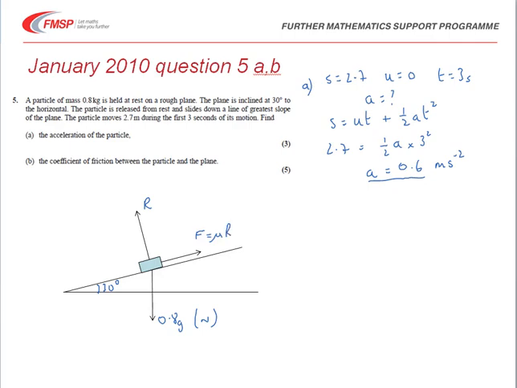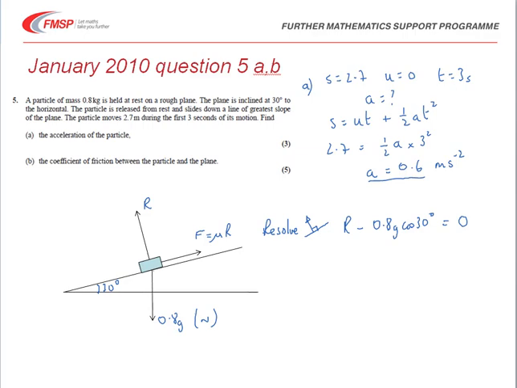So if we now resolve the forces, firstly perpendicular to the plane, which we can just illustrate with a little diagram like that, then we have that R minus 0.8 g cosine of 30 degrees must be equal to 0.